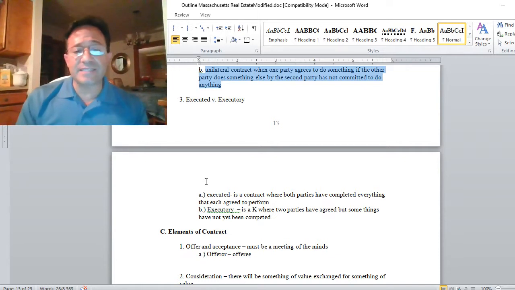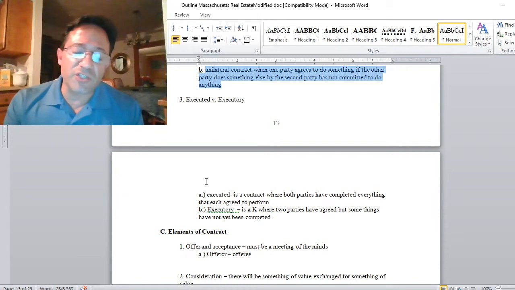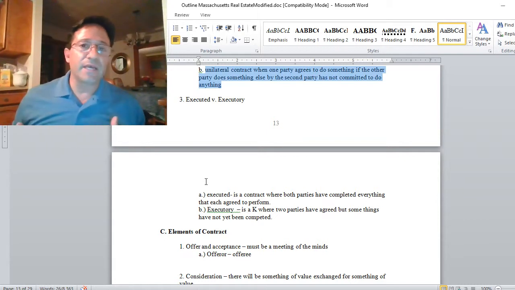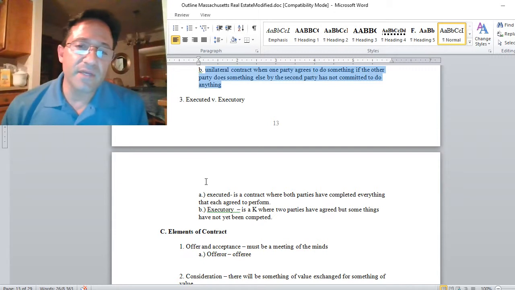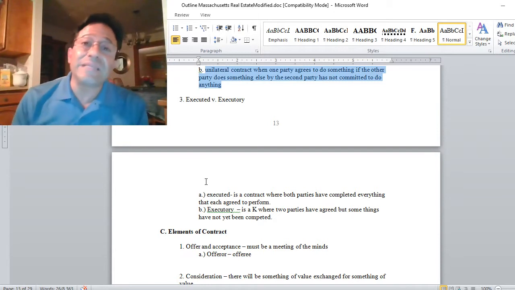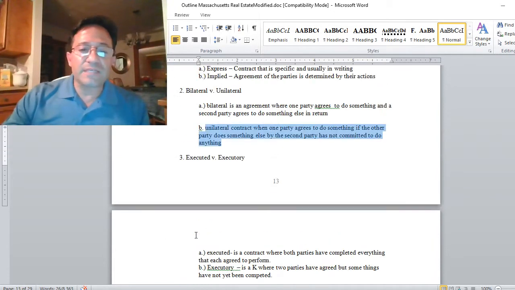As opposed to executory. And an executory contract is where the two parties have agreed to do certain things in the contract, but not all those obligations have been met. So in other words, not all of the actions have been conducted by the parties. And so therefore the contract itself is not completed. So those are the types of classifications.